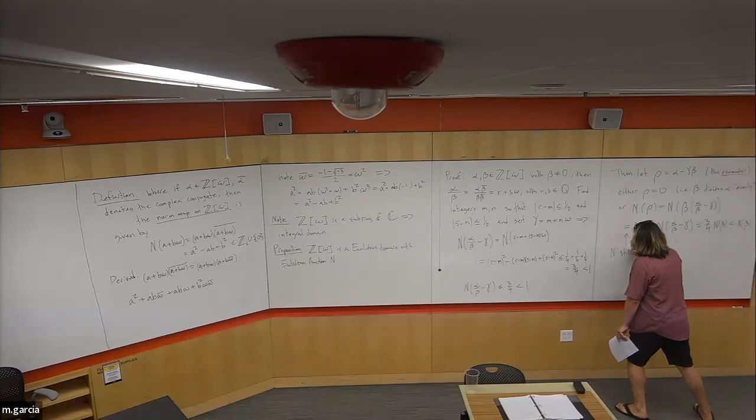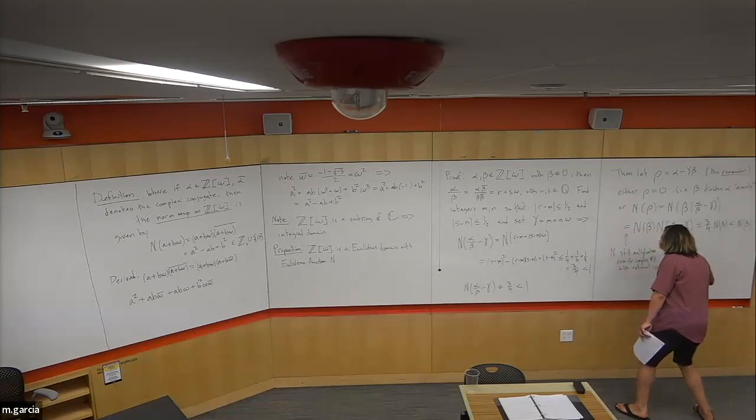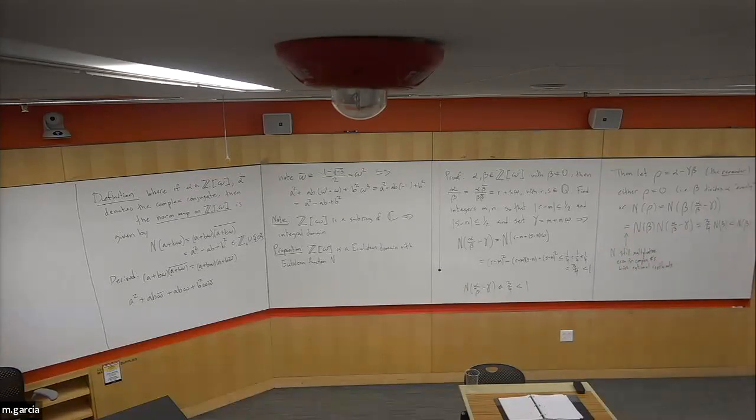And still multiplicative, even for complex numbers with rational coefficients. Okay. So there you have it. The remainder has norm strictly less than the norm of the divisor.